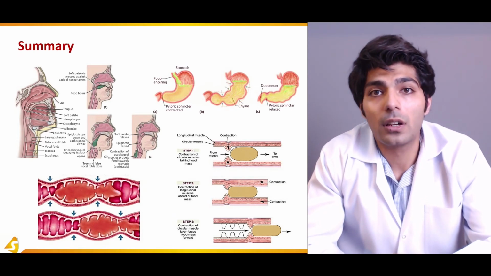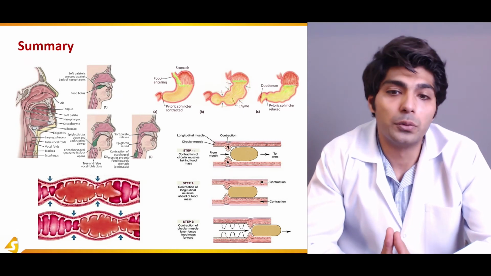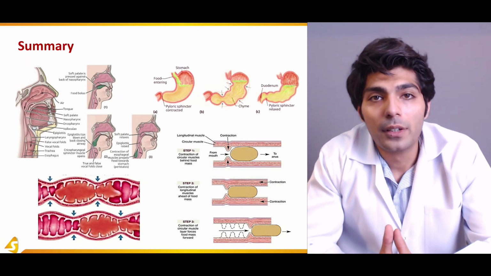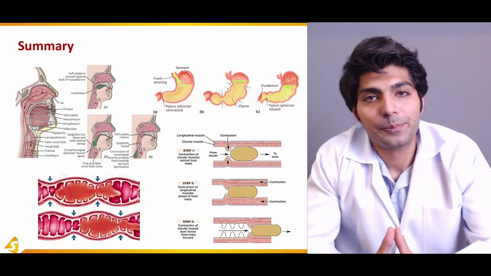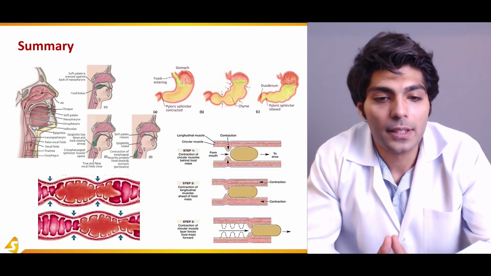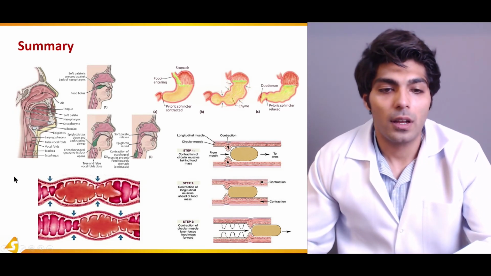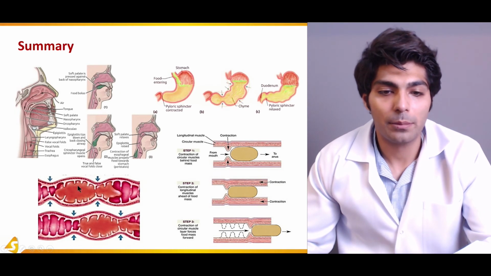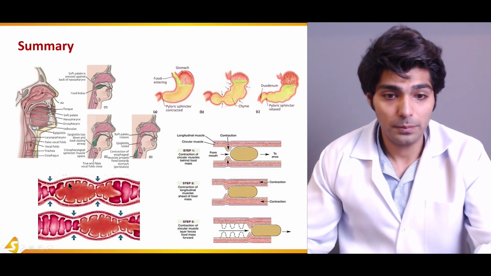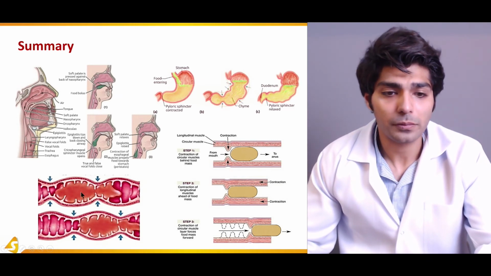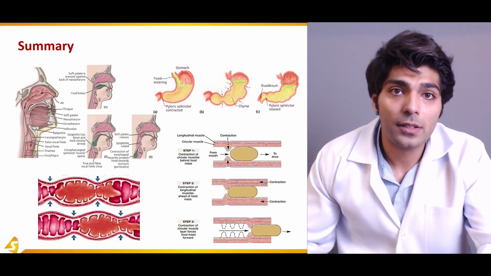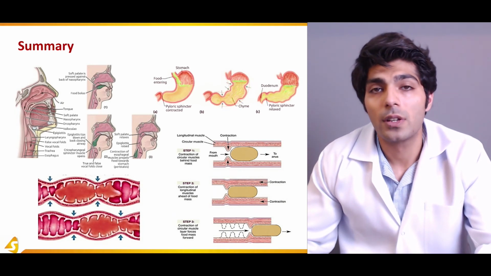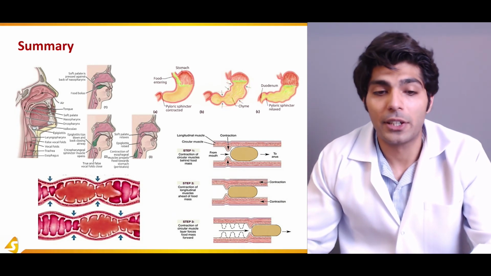The segmentation contractions further propel the food towards the anus, and we can see there are contractions behind the matter, and there is a relaxation ahead. So these segmentation contractions are at regular intervals.